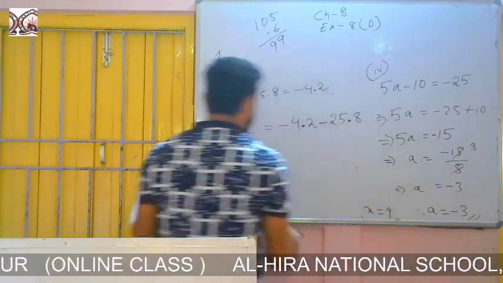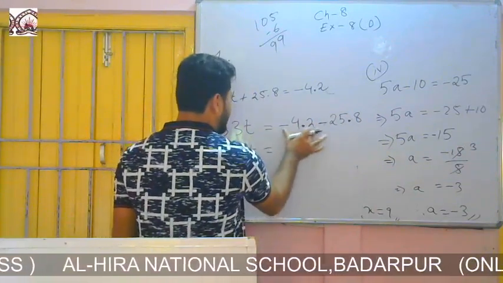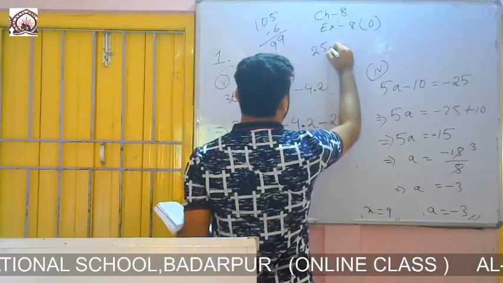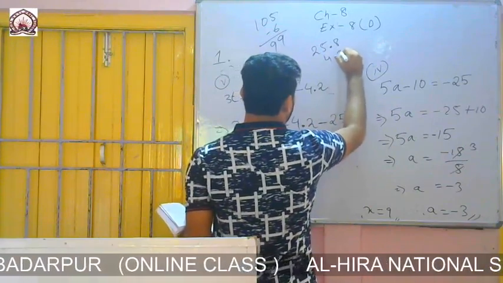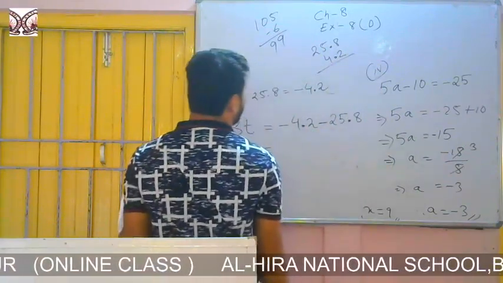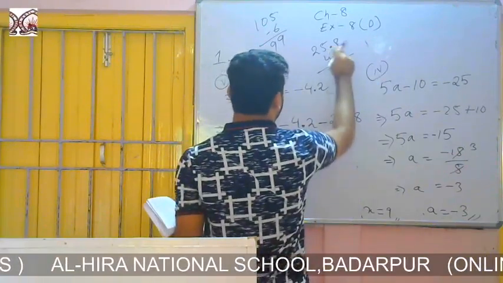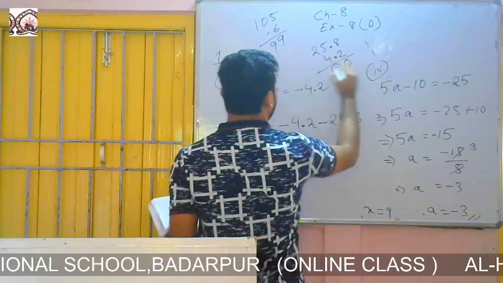Then here you see minus minus, minus plus. That means you have to add 25.8 and 4.2. If we add, then 8 plus 2 is 10, here remains 1, 5 plus 4 is 9 and 1 is 10, again 1 and 1, 2 and 1 is 3.